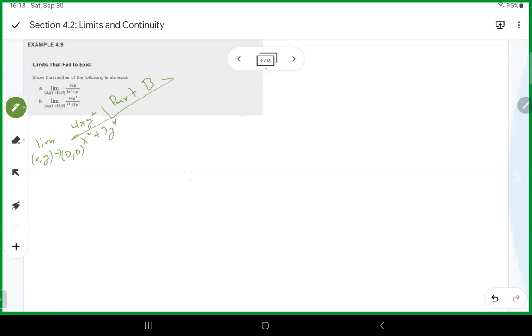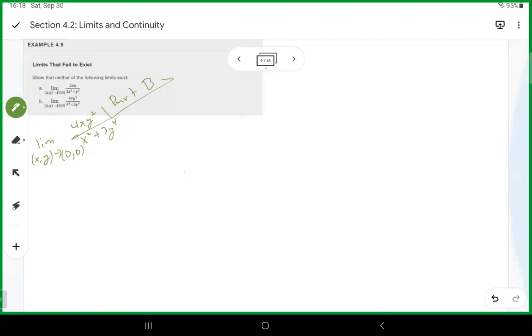In a similar fashion to part A, we can approach the origin along a straight line passing through the origin. If we try the x-axis, in other words, if you put in 0 for y, then the function remains fixed at 0. The same is true for the y-axis.